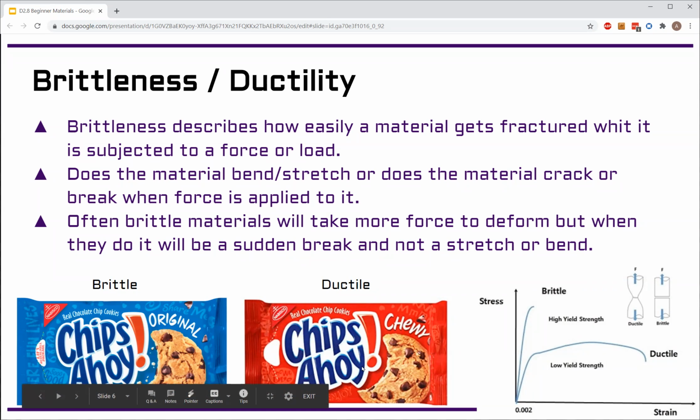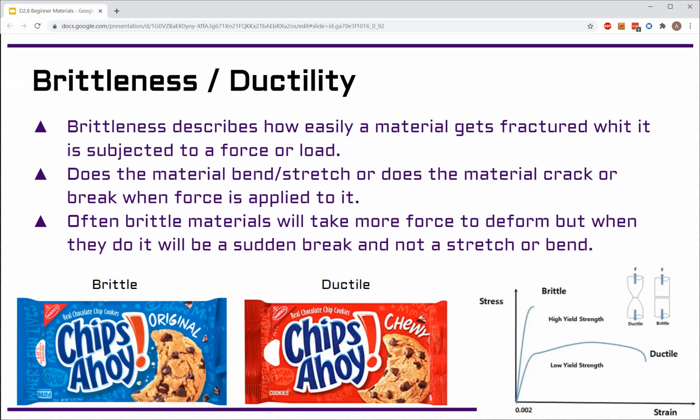If you have a chewy Chips Ahoy cookie, it's going to fold, it's going to stretch a little bit, and then eventually you can get it to rip apart, but it's not going to be in the same shape it started in. The two halves, if you put them back together, the cookie's not going to be in the same shape because it's ductile and it changes shape, it elongates as you're going through that bending or stretching, however you're deforming the cookie, the part, whatever it is.